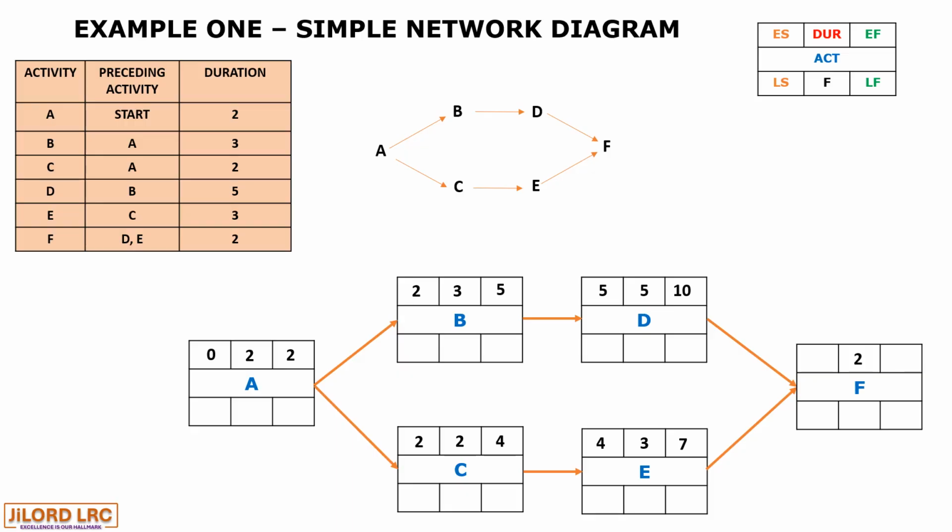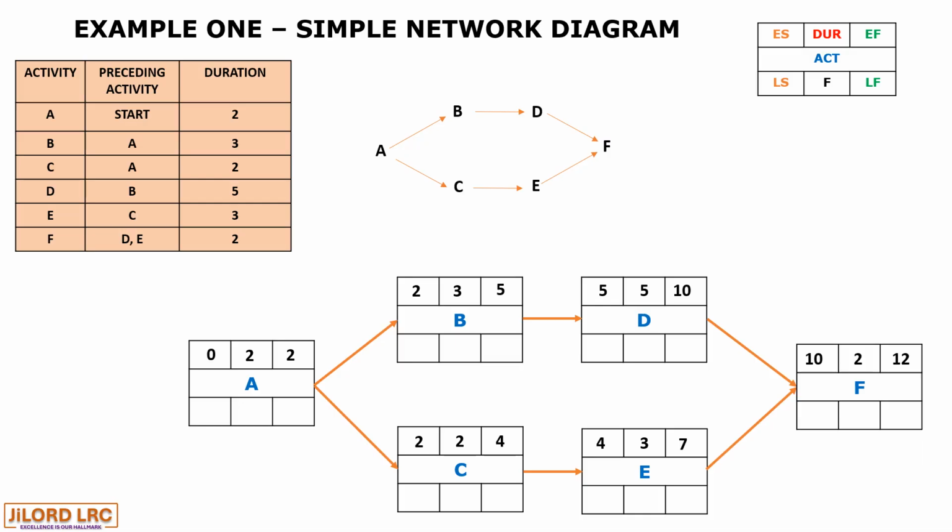So until all the activities are completed, activity F cannot start. So in this case, the finish of activity D, 3 days after activity E, will lead to the commencement of activity F. So 10 is the early start for activity F, plus its duration of 2, giving us the early finish of activity F.